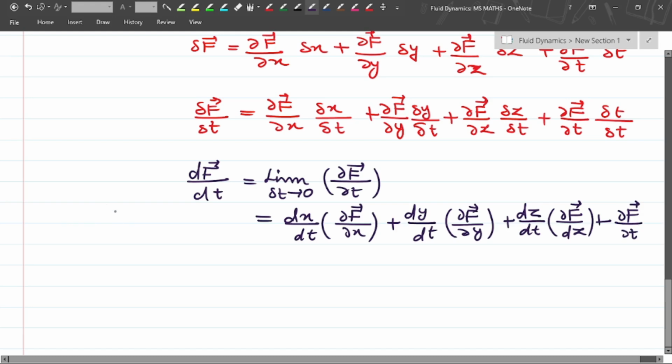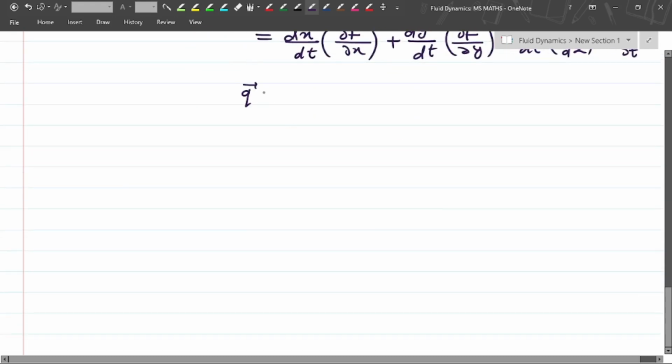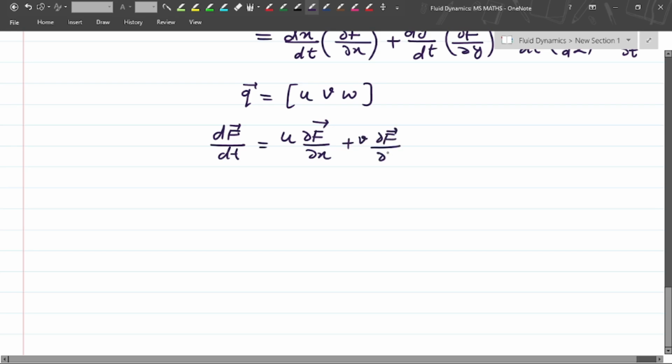So q vector is nothing but the velocity vector with components u, v and w. So df by dt is u dou f by dou x plus v dou f vector by dou y plus w dou f vector upon dou z plus dou f by dou t.